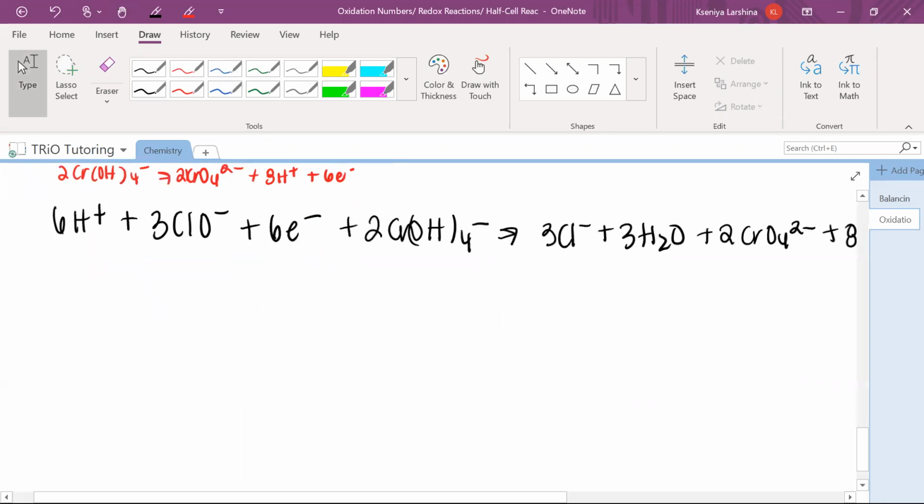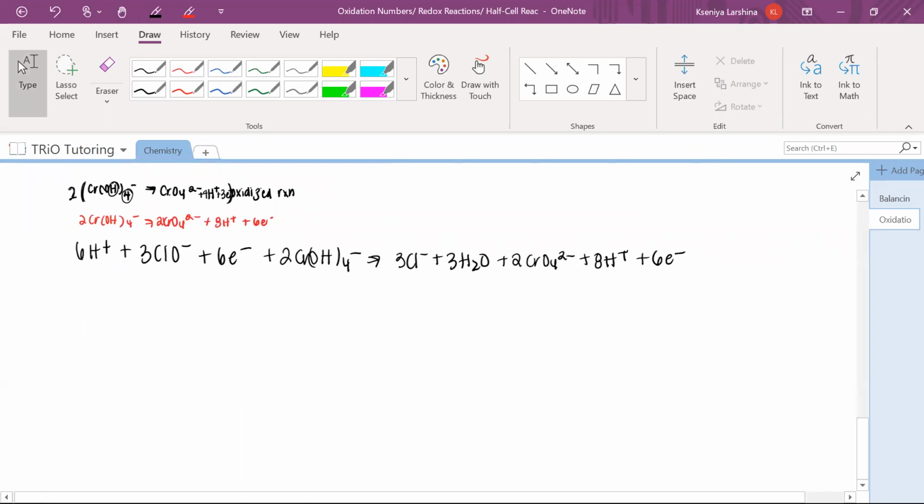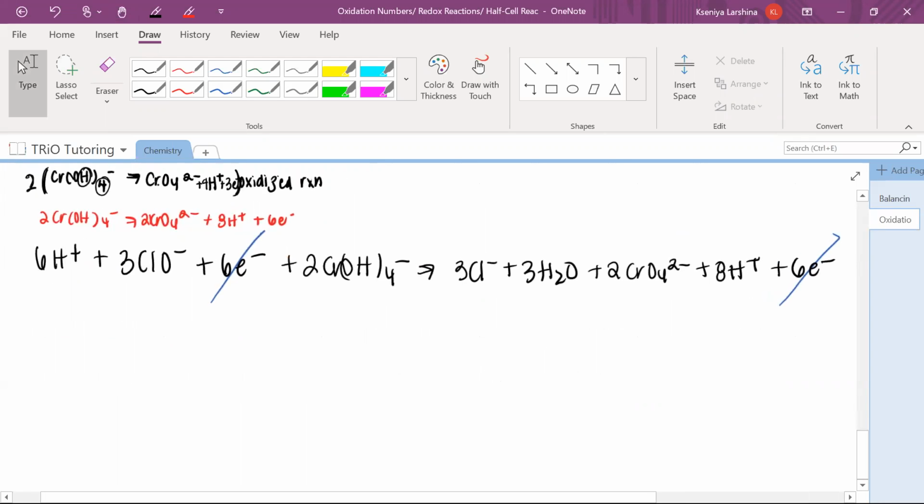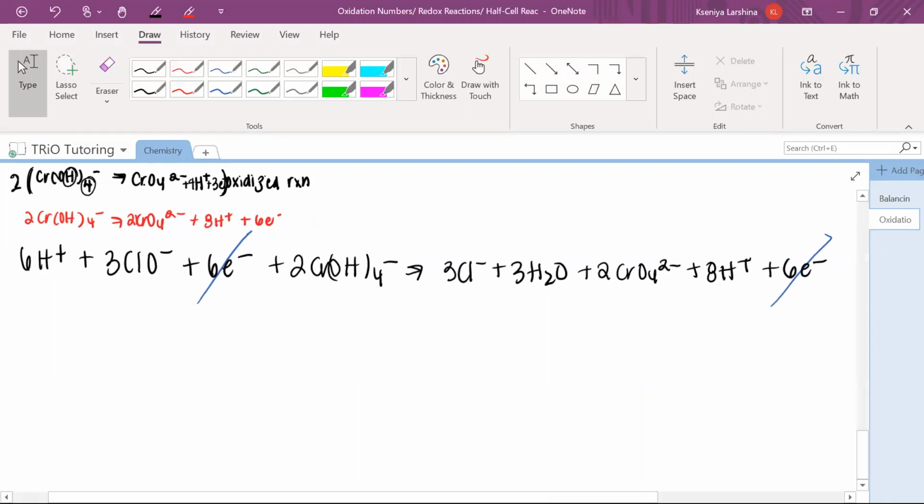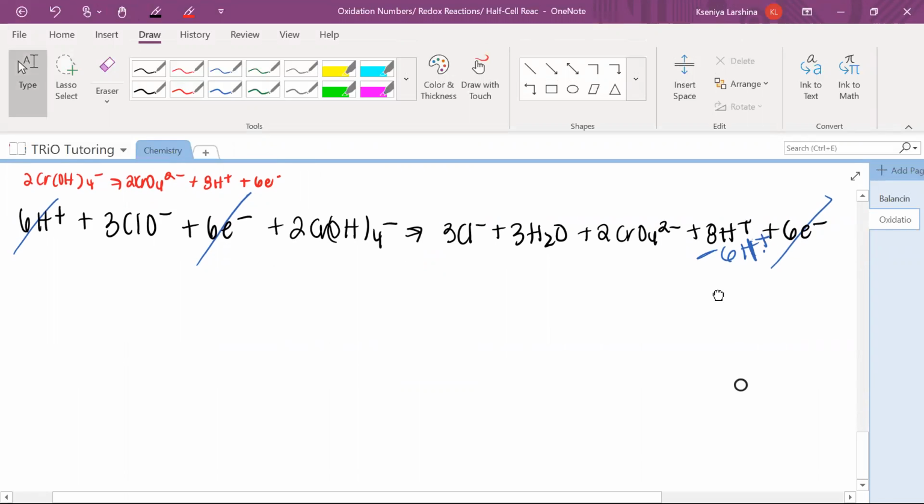Cancel out your electrons. And now you are going to get rid of your hydrogens where they're the least amount. So here you have 6 and here you have 8. So subtract 6 H pluses. And now you have 2 H plus here.